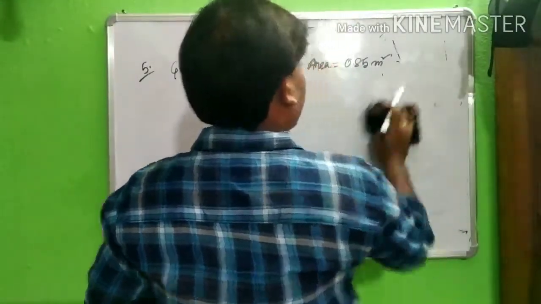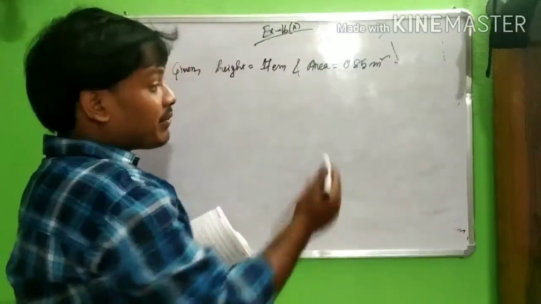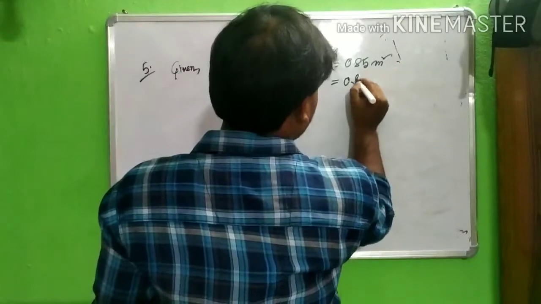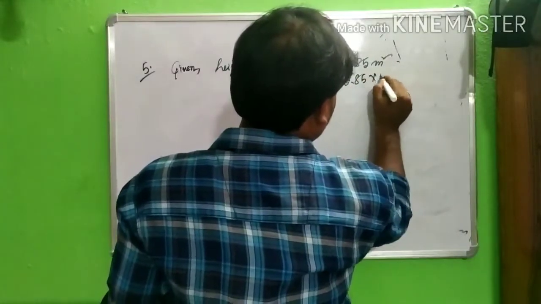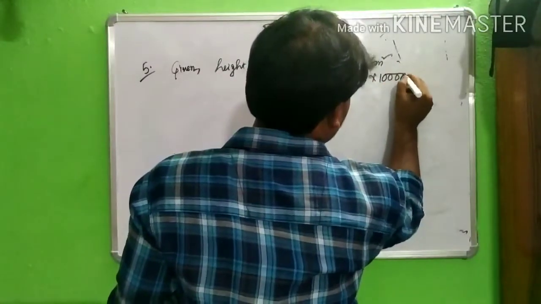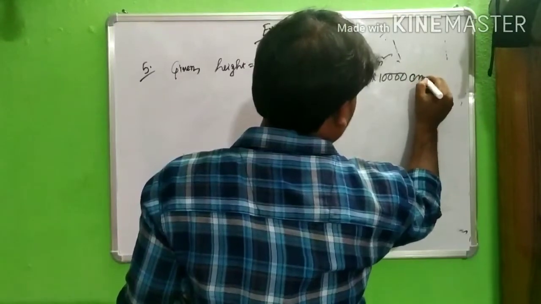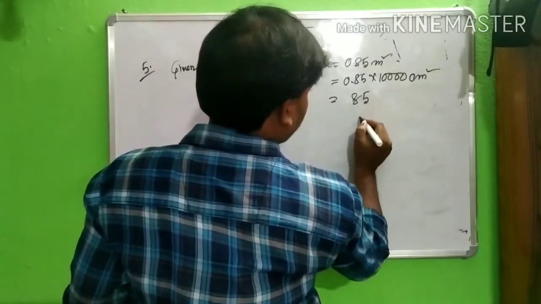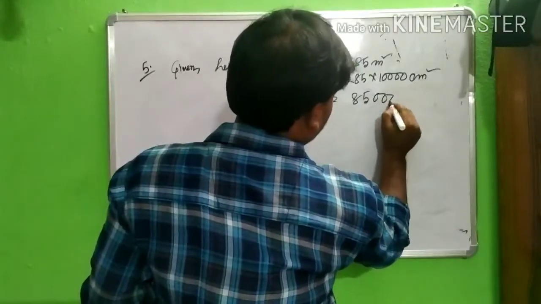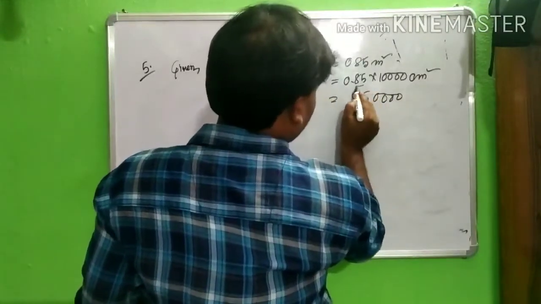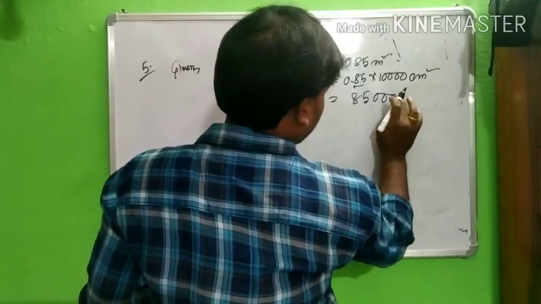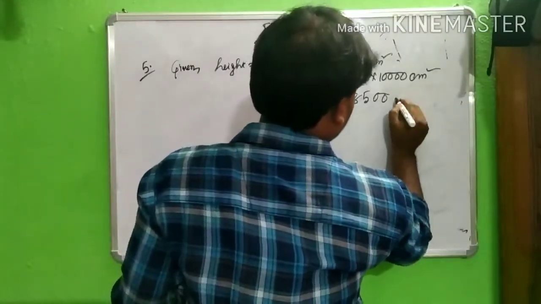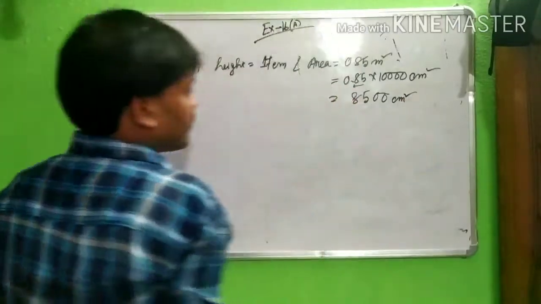So if we convert this value into centimeter square, we multiply by 10,000, 100 into 100, and it becomes 8500 centimeter square.